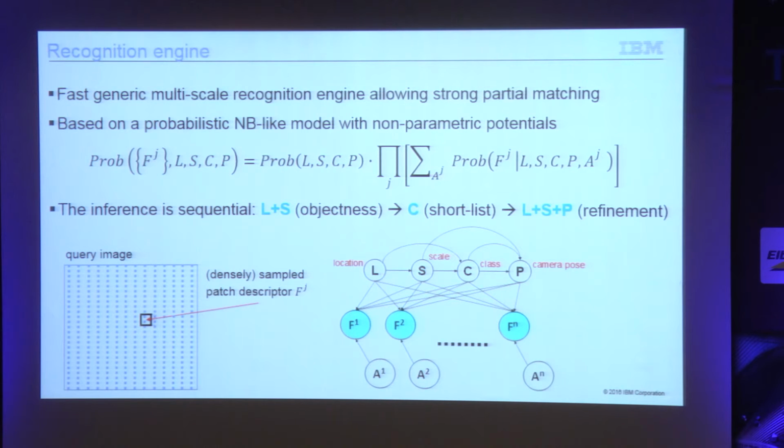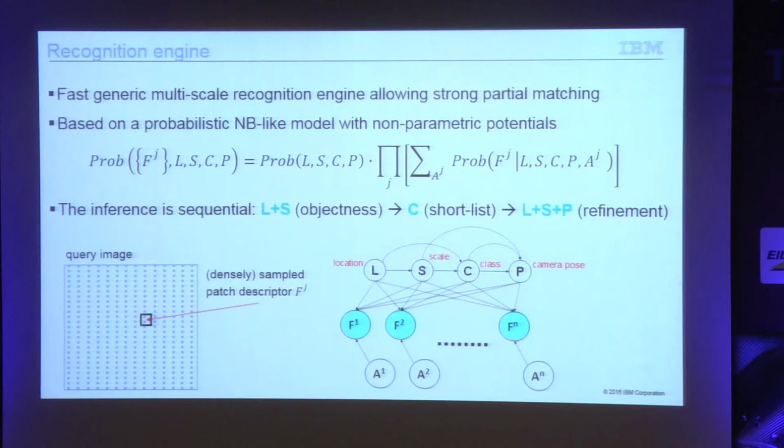So you probably noticed that the proposal space for all the unobserved variables here is quite big. We have a 7-dimensional space. Most of the dimensions are continuous. So in order to do efficient inference in this model, we do it sequentially. We break it into first computing the location and scale posterior, out of which we extract the object hypothesis.